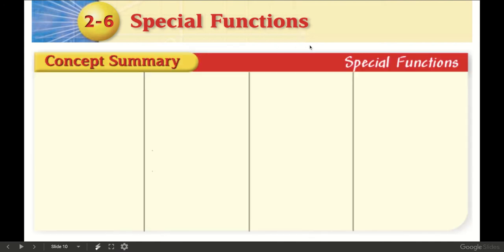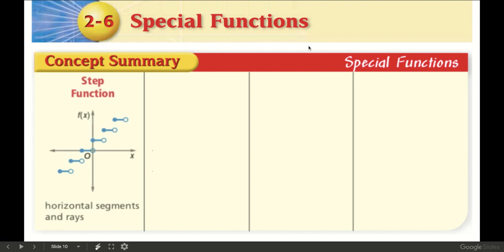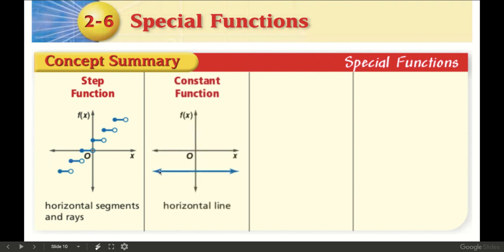So let's examine the special functions that we've talked about. So remember the step function. It has horizontal segments and rays. So again, it looks like a step. We have the constant function, which is just a horizontal line, like f of x equals a constant, a number like f of x equals 4, or f of x equals -2.